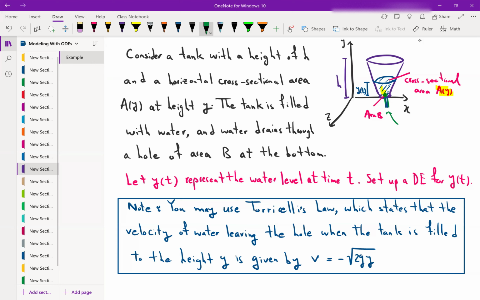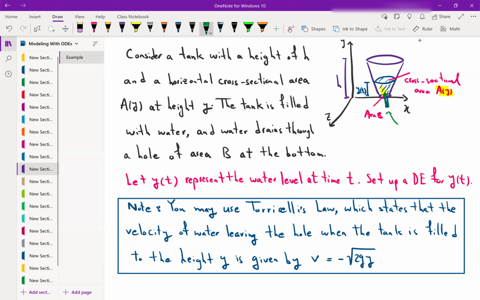Obviously, the value of y of t is becoming smaller as time goes on, right? The water is draining from the bottom of the tank. So the expectation is that this y of t is a decreasing function of time. And we want to come up with a differential equation for finding y of t. And there is another hint in the statement of the problem.